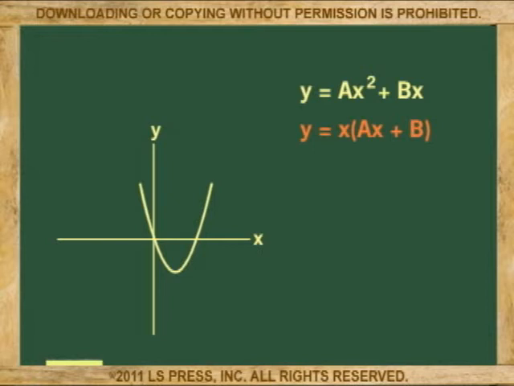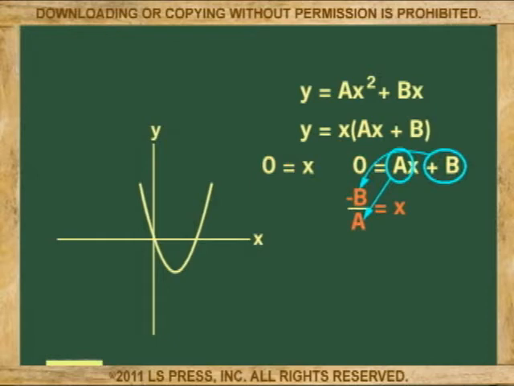We find the zero values by saying 0 equals x and 0 equals ax plus b. Solving for x, b becomes negative b on the other side and a is divided. So these are the x-intercepts when the value of y is 0.